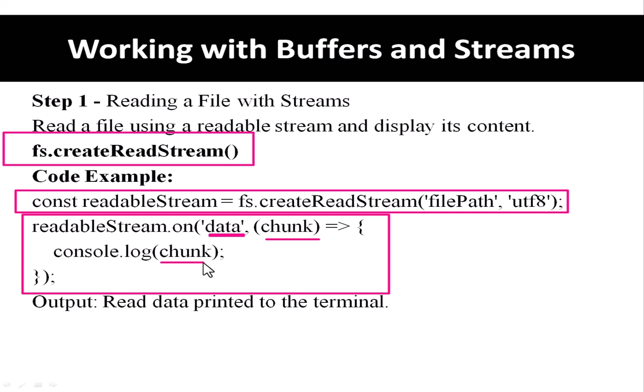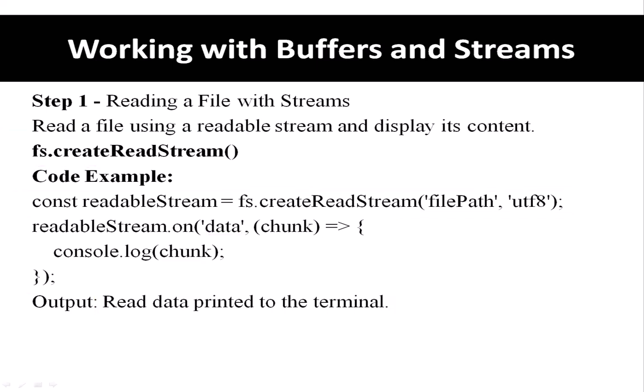For the file path, you specify, for example, in which drive your file is located, C drive, D drive, E drive, and the folder name where the particular path exists, so that through the function you get the particular data from the readable stream.